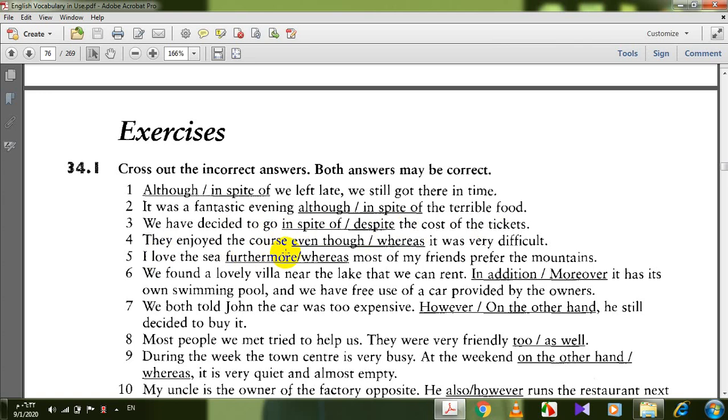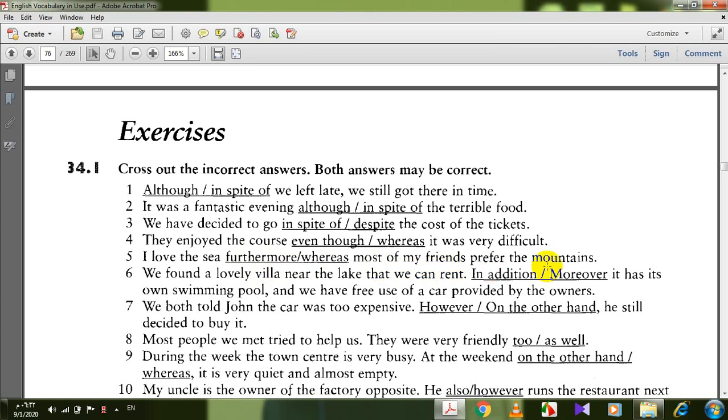They enjoyed the course even though it was very difficult. Yes, even though it was very difficult. We cannot say whereas. I love the sea, whereas most of my friends prefer mountains.